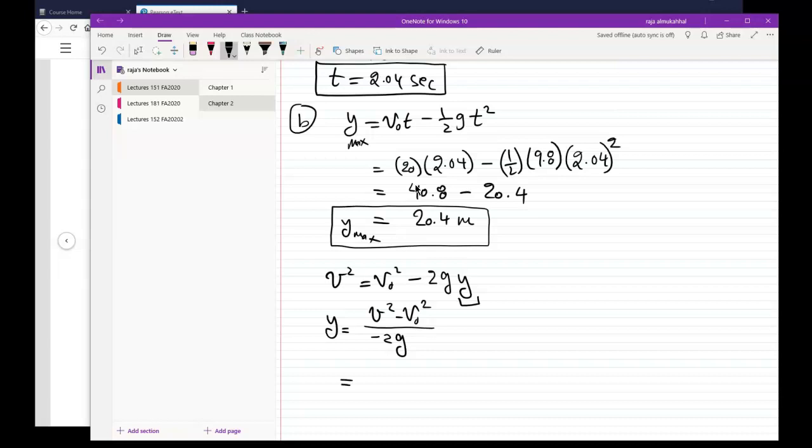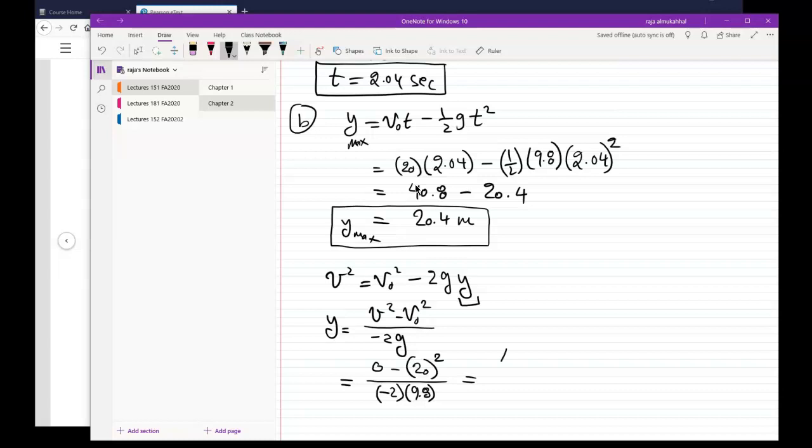So now I'm going to calculate that. v squared is 0, right? At the summit it's 0, minus 20 squared over negative 2 times 9.8. As you can see, the minuses cancel out.